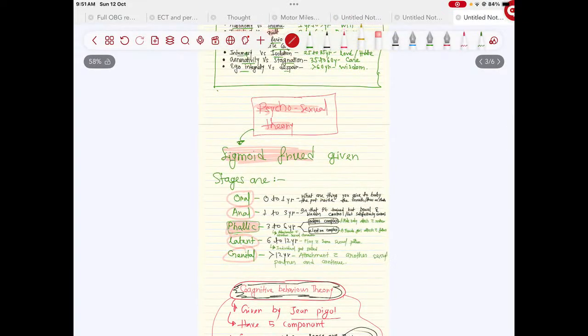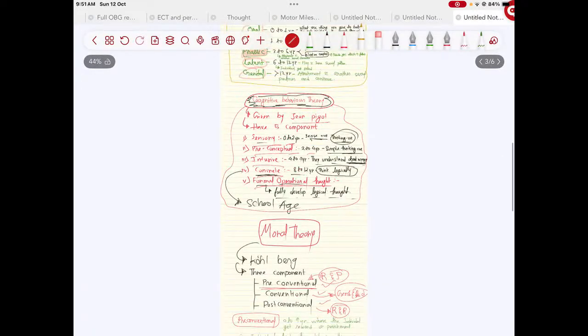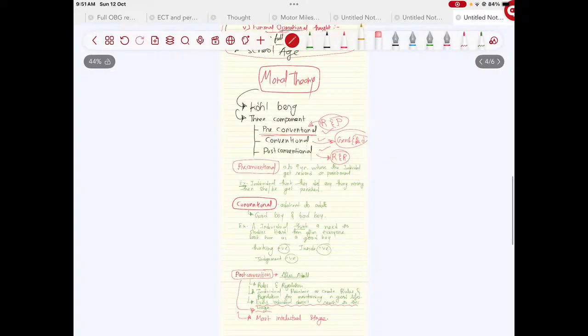And this is the psychosexual theory by Sigmund Freud. So these are the 4 theories that you should know in child health nursing.